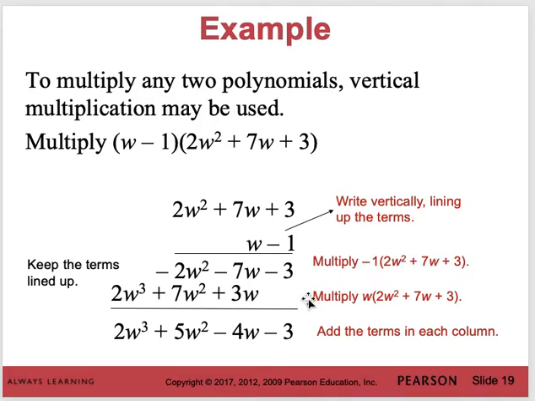And then we can also multiply w times 2w squared plus 7w plus 3. And then add the terms in each column. So you're going vertically, negative 7 plus 3, negative 2 plus 7, and then 2 plus 0, keeping the terms lined up. So this is just another way that you can multiply polynomials using the vertical multiplication method.